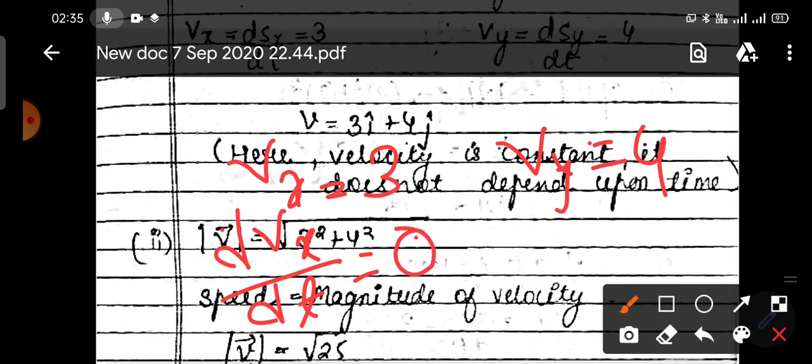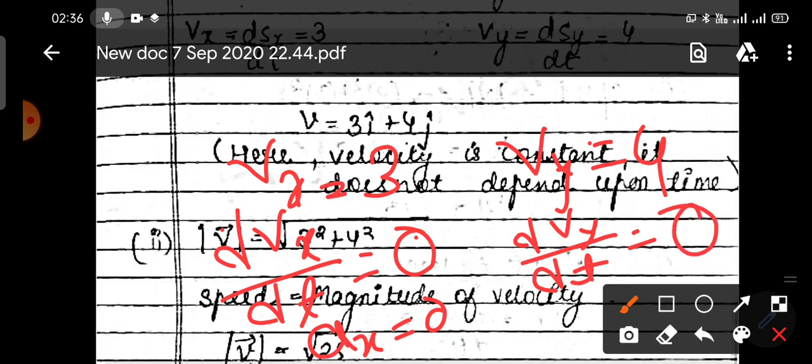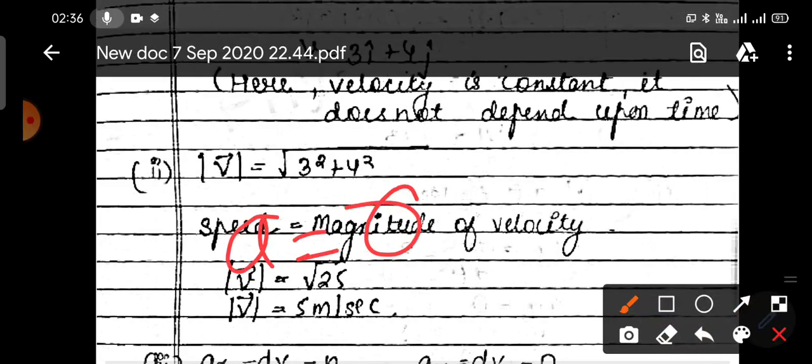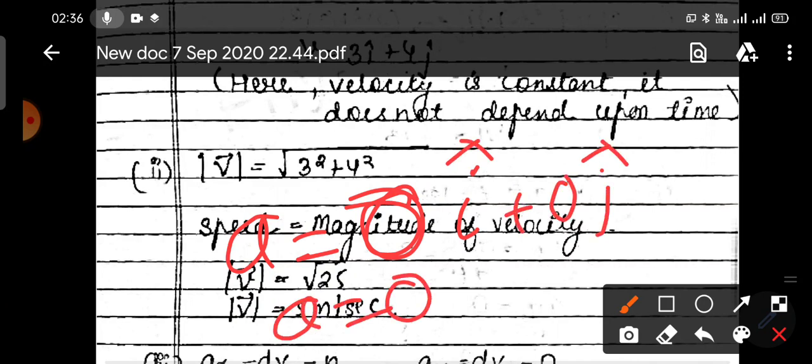So acceleration in x direction is 0. Now similarly dvy by dt, 4 is a constant quantity, so differentiation of 4 is 0, that means acceleration in y direction is also 0. Correct? So that means acceleration is 0. So finally you can write that acceleration is 0, or you can write it this way also, 0 i hat plus 0 j hat, that means 0. Acceleration is how much? 0.